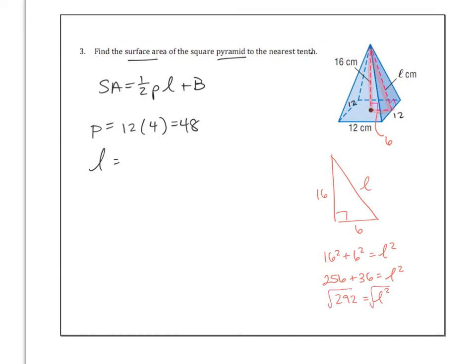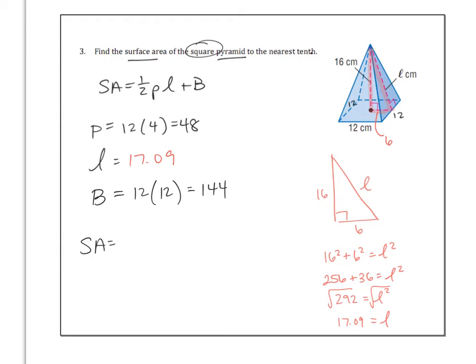So the square root of 292 is 17.09, and that is your slant height. Next we have the B, base area. Now the base is a square, it says up here, so it's going to be 12 by 12, which is 144.